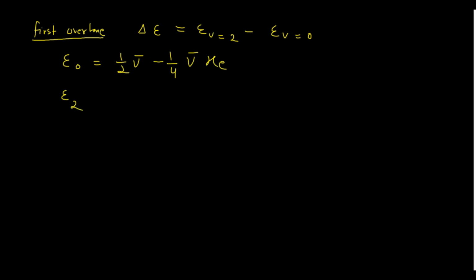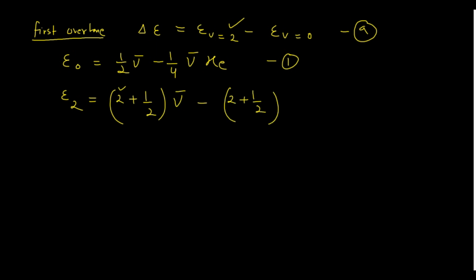Again, I can write this as equation A, this as equation 1, and now you can put V plus half, and we are calculating for the second vibrational quantum number, so instead of V we can write 2, so 2 plus half times nu bar, minus 2 plus half square times nu bar XE, and if you do that, this will give you 5 by 2 of nu bar, minus 5 by 2 nu bar XE, right?